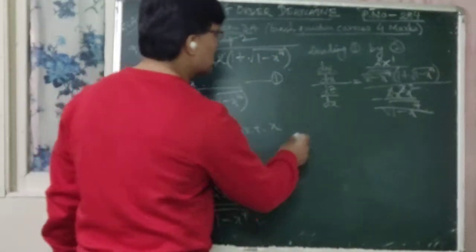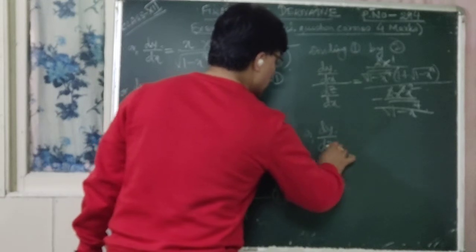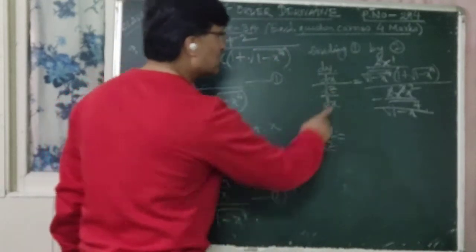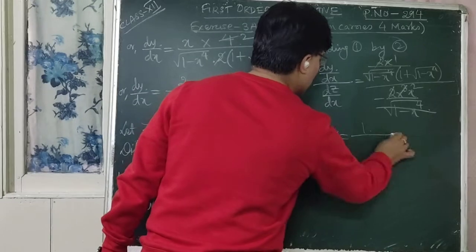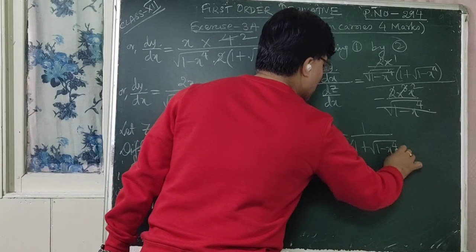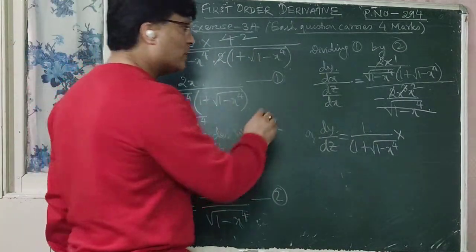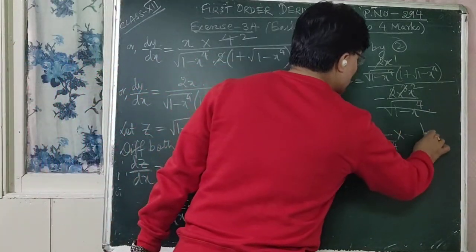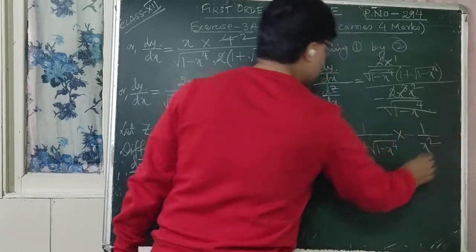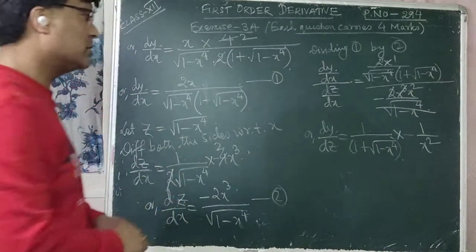Now it is dy by dz. This dx will be cancelled. So it is 1 upon 1 plus root over 1 minus x to the power 4 into, when this denominator goes up in the numerator, it becomes minus 1 upon x square. Is that clear? So this is the term.